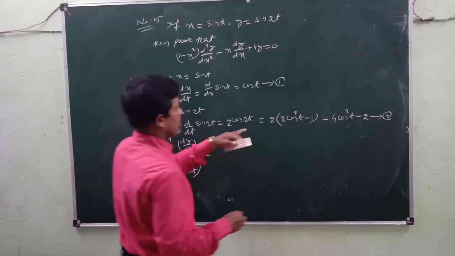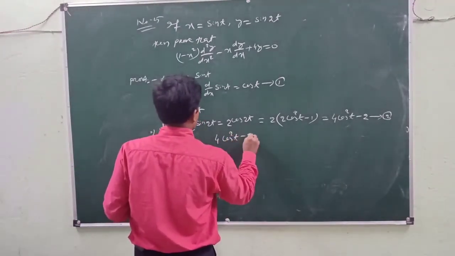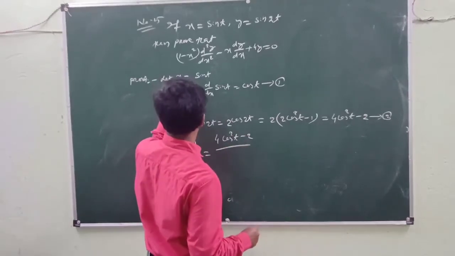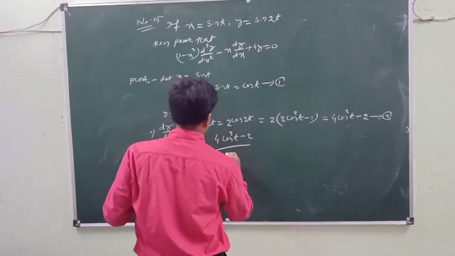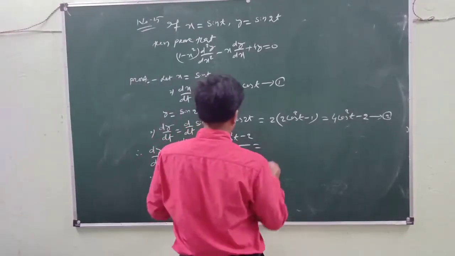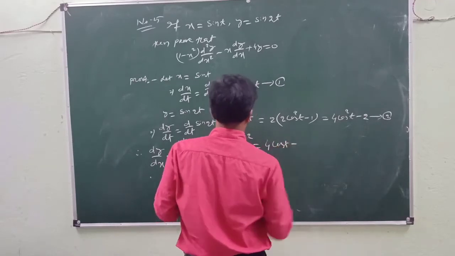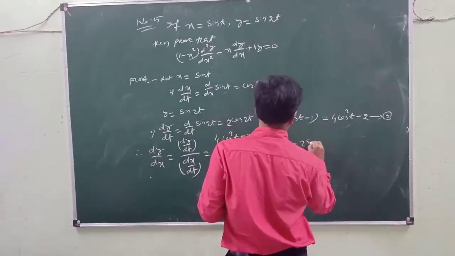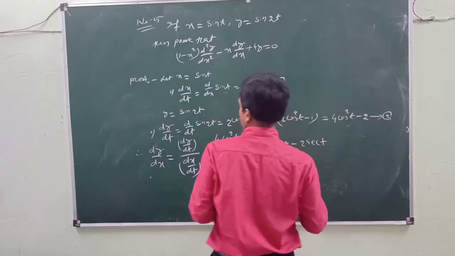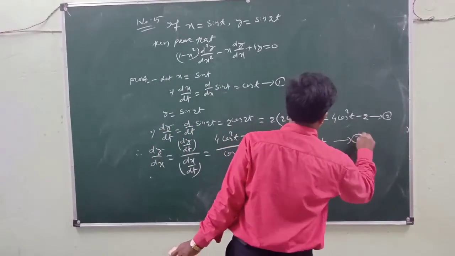Here the value of dy by dt is 4 cos square t minus 2 divided by dx by dt, it is cos t. So after cancellation, result will be 4 cos t minus 2 sec t. This is the value of dy by dx.